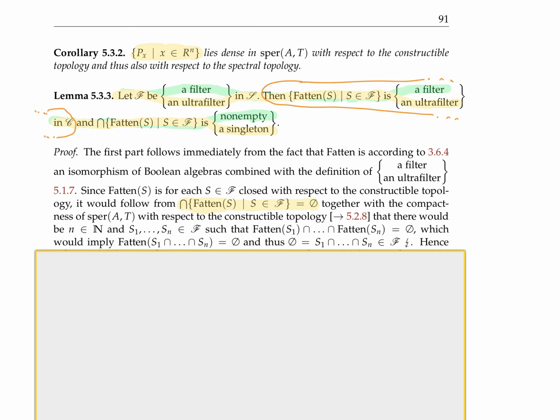Now I can apply the slimming, which is inverse to the fattening, and since this is a homomorphism of Boolean algebras, it maps the empty set to the empty set, and so I get that the empty set equals this finite intersection. But this finite intersection is in the filter, okay? A finite intersection of filter sets is in the filter, but it would be empty. The empty set cannot be an element of a filter by definition of a filter, so we have a contradiction, right?